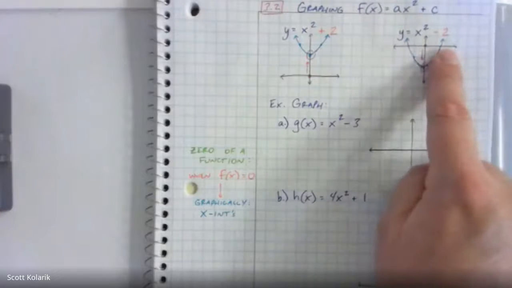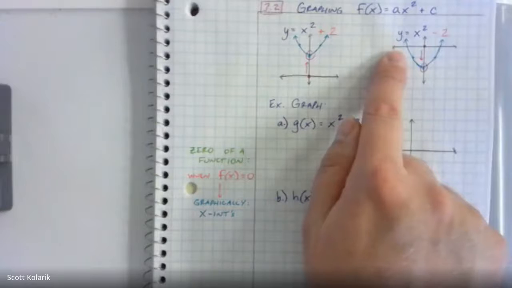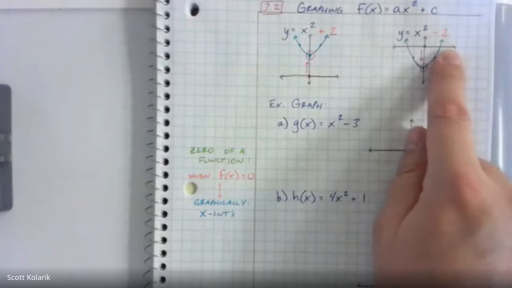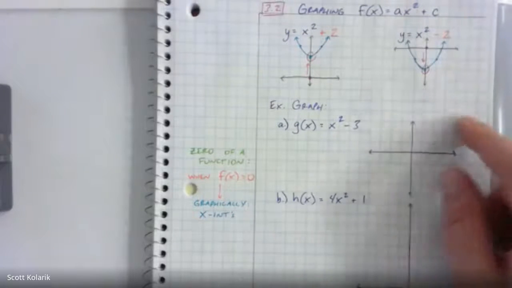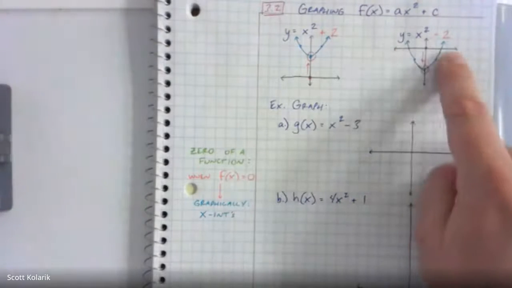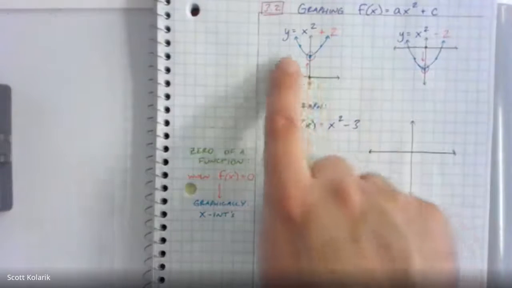In this case, you would have to zoom in like on big ideas or on your graphing calculator, Desmos, and you'd have to see where it crossed the x-axis. And I'll go through a little tutorial on Thursday about how to do that. But for our intents and purposes, basically just identifying where it crosses the x-axis. This one crosses twice. We'd be able to identify those values. This one didn't cross at all.